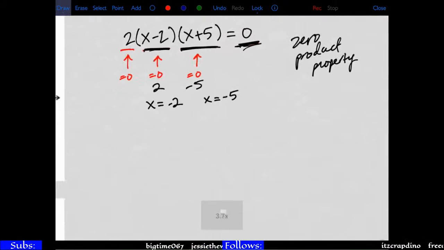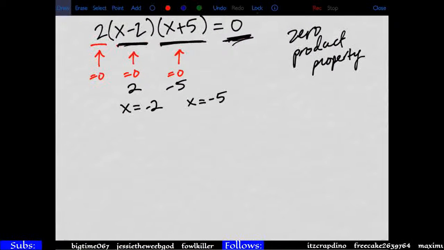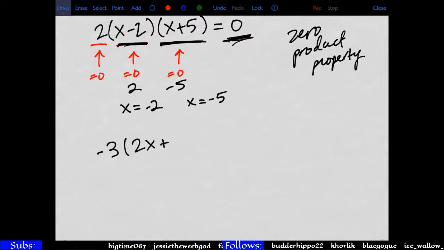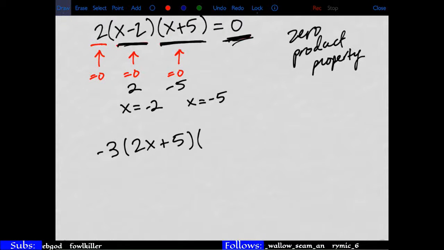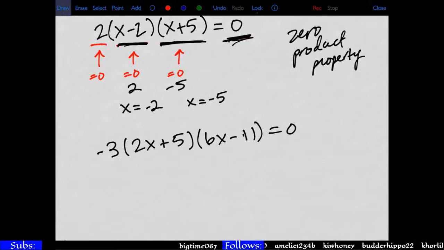For a little bit harder one, let's do ones that don't just have x's in them. If you factored an equation and got something like this, well, let's not do a negative. Let's do 11. If you factored a standard form equation and got something like this, you're going to have to do a little bit more work.